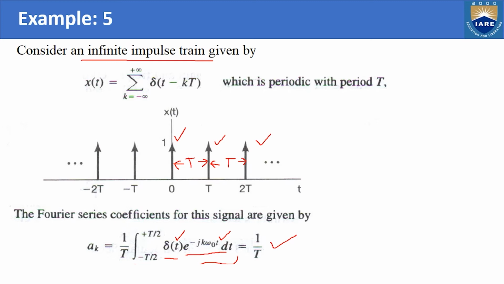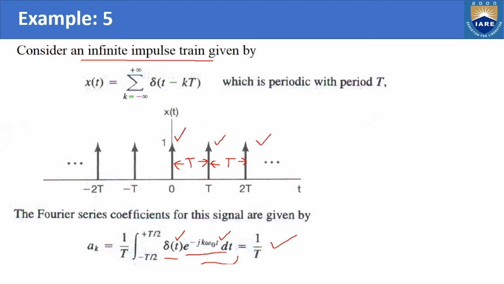That's why you are getting 1 by T into 1, that is equal to 1 by T. So what it means, the kth Fourier series coefficient is 1 by T. So a naught equal to 1 by T. If you substitute k equal to 1, even then you will get unity integration, because it is only a time shifted version.